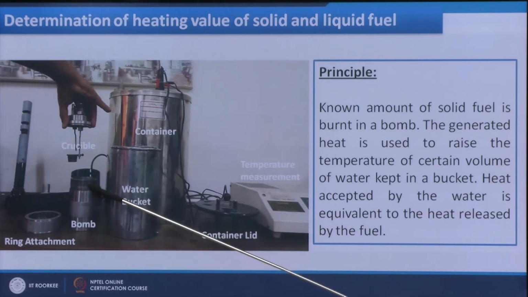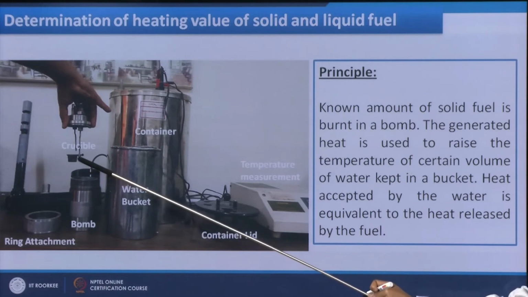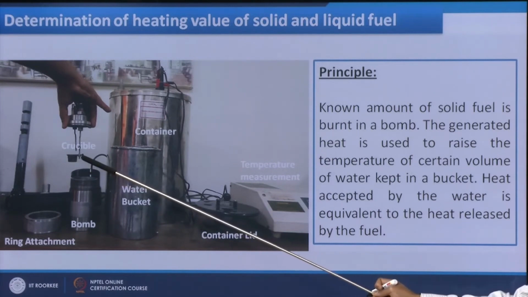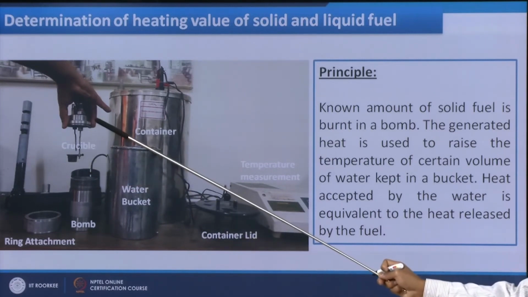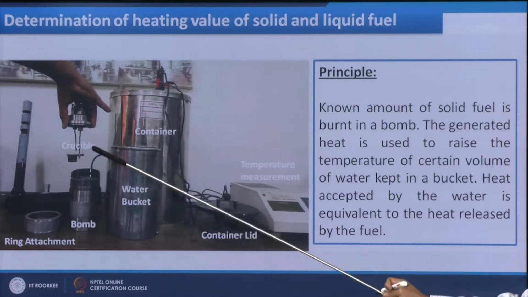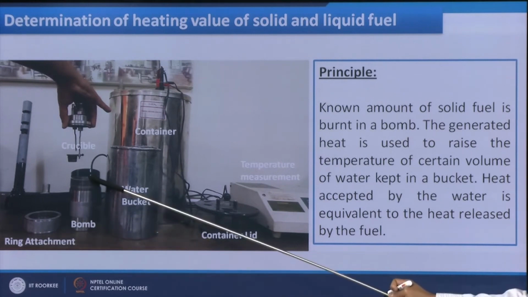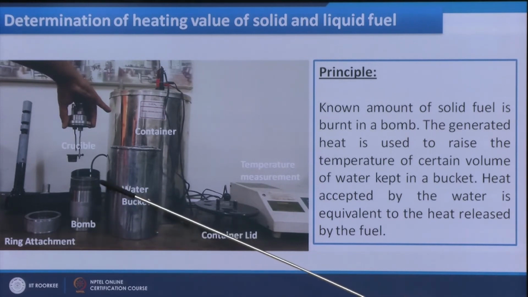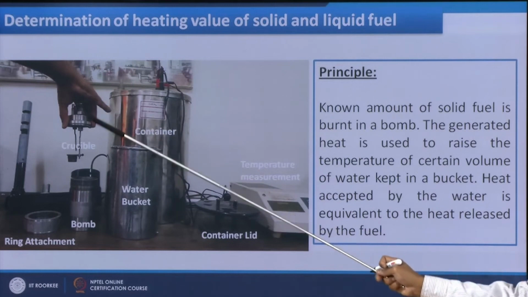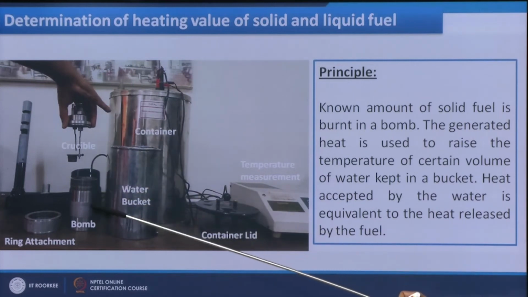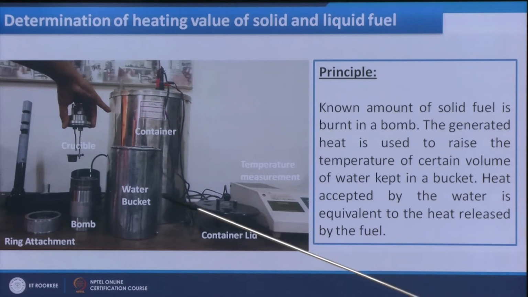So in the bomb, some amount of solid waste can be put in this crucible, and after putting the crucible inside the bomb, the ring attachment will help to tighten it, and then oxygen will be passed through some nozzles and high purity oxygen will be provided into the bomb, so that it will ensure the complete combustion of the solid waste or any liquid waste also put here.